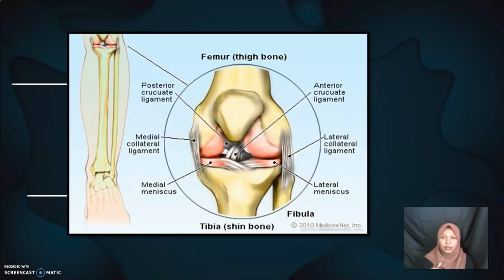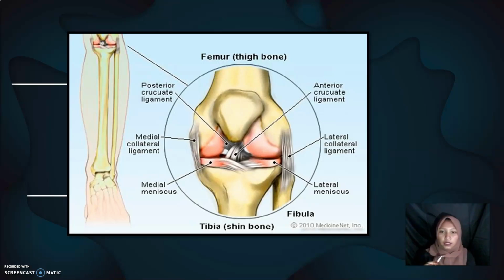As we can see, this is the image of the knee. On the top is the femur. At the bottom is the tibia. Then we have ligaments, four ligaments at our knee. In the center, we have the posterior cruciate ligament and the anterior cruciate ligament, which we also call PCL and ACL.